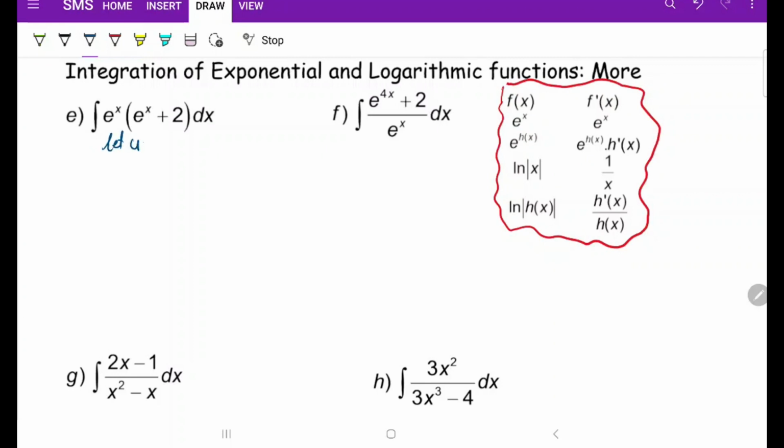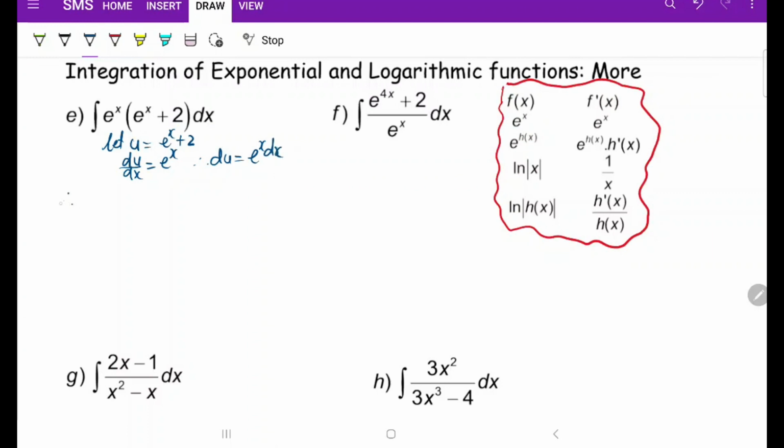We will let u equal e to the x plus 2. If we look at du dx, the derivative of this with respect to x, it'll just be e to the x, because the derivative of e to the x is just e to the x. Therefore, we can rewrite this as du equals e to the x dx.